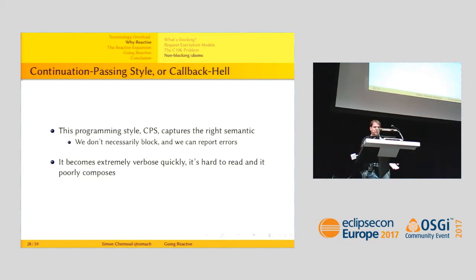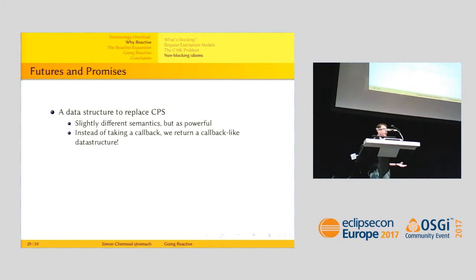So there are solutions, and we use them in Java 8 maybe, so futures and promises. So basically the idea is, let's make this continuation, let's make these two callbacks, let's make them data structures. And the semantics are a bit different, but just as powerful, and you can go from one to the other. And what's interesting is that you made this abstraction of a continuation into a value.